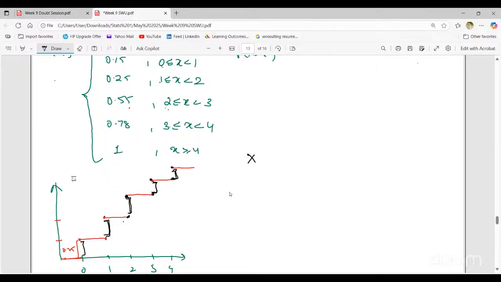Now, for X and the probabilities, the values that X is taking are 0, 1, 2, 3, and 4. Now, at 0, what is my probability? This is the value of PMF, the probability for X equals 0, which is 0.15.